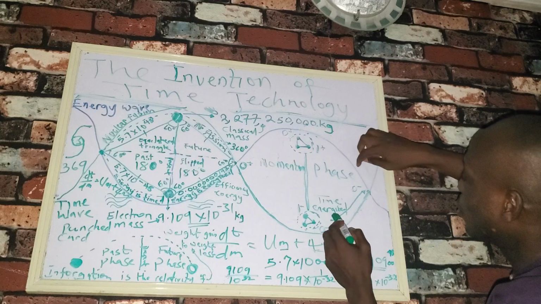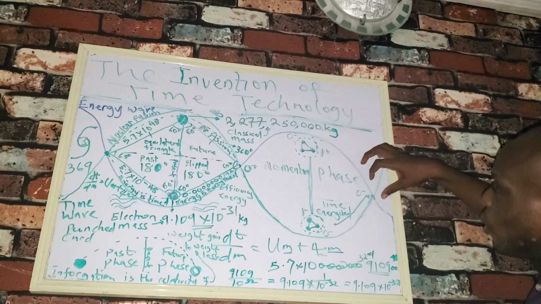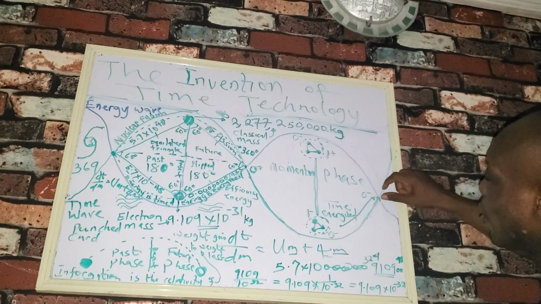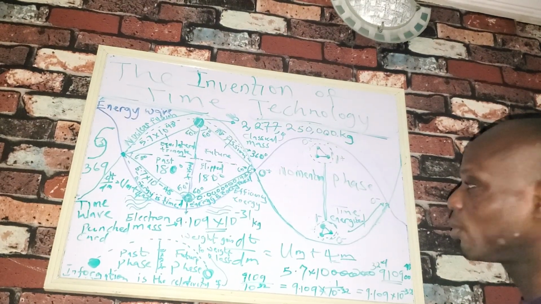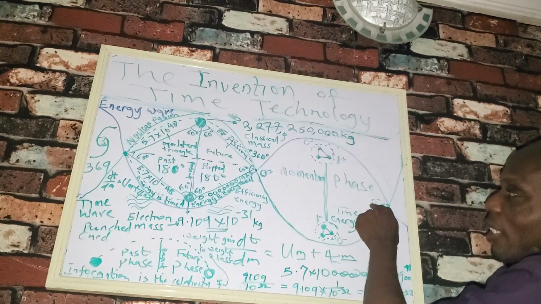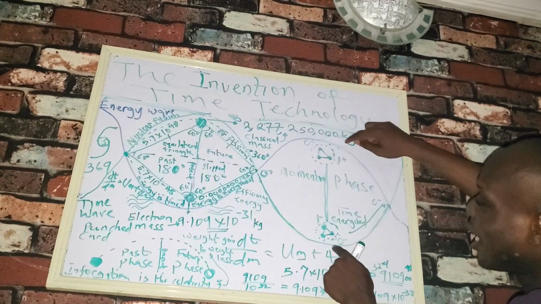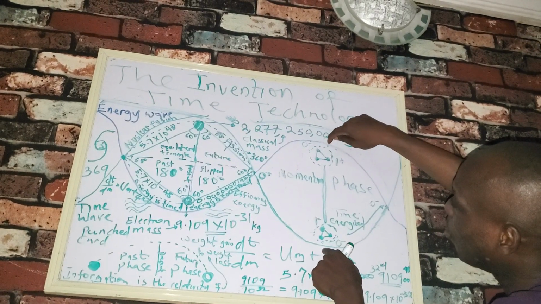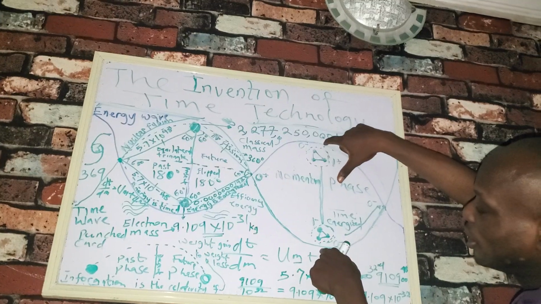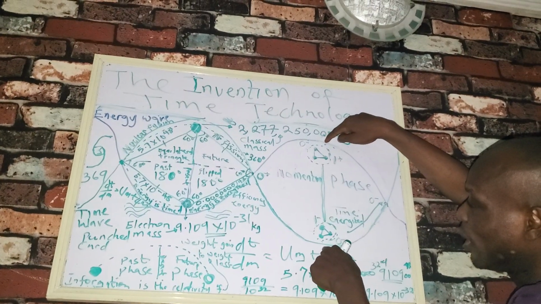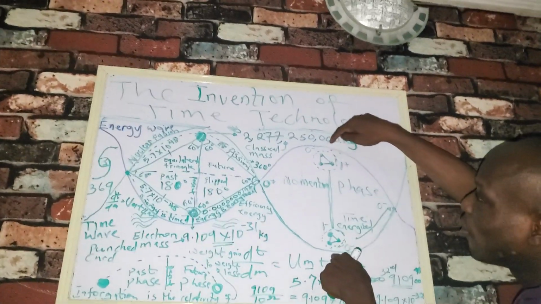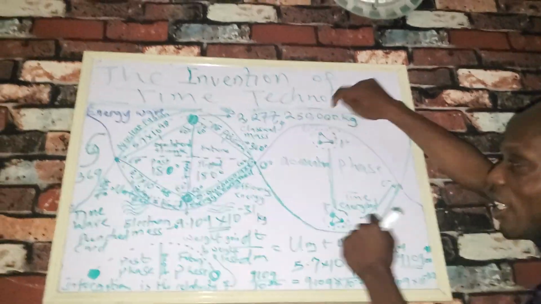Then as it travels towards the singularity of the future, then we're going to have zero negative. Now we have two types of zero. We have zero positive and zero negative. Now don't forget that at the minimum and the maximum point of time energy wave interaction at the present phase, we also have zero negative, then zero negative.